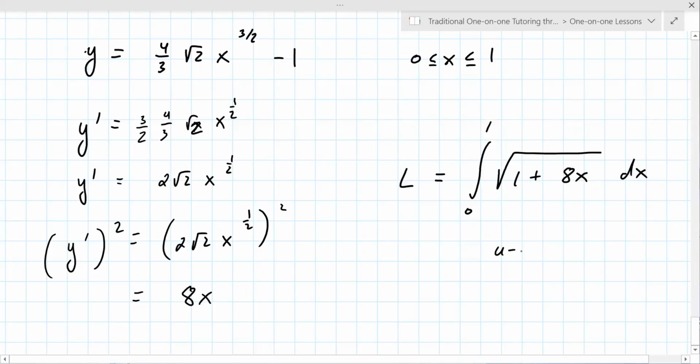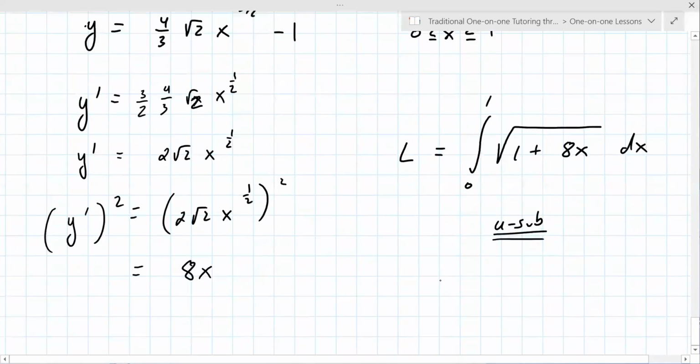So this right here is known. It's a U substitution if you want. Some antiderivative reference sheets have this as a formula, but we'll do it as a U sub. So the U sub here, you let U equal 1 plus 8x, du equals 8 dx. U of 0 is 1, putting 0 in for x.